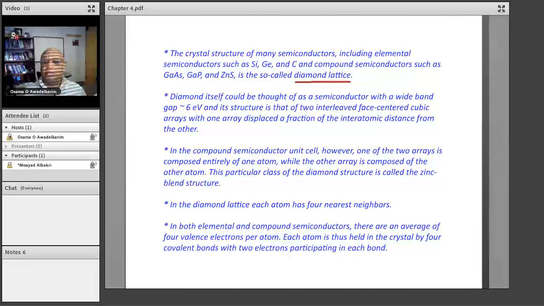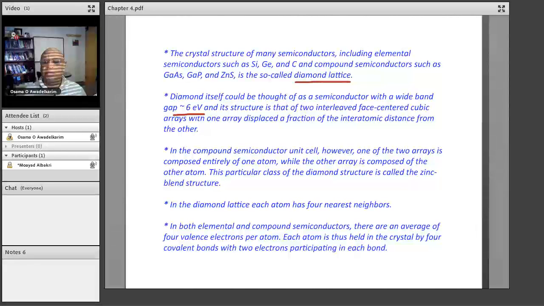Diamond, or carbon, is group 4, but it has a very wide band gap, 6 electron volts. That makes it almost an insulator, even though in principle it's group 4 and can be considered a semiconductor. But in reality, it's an insulator, and it's a cubic structure.